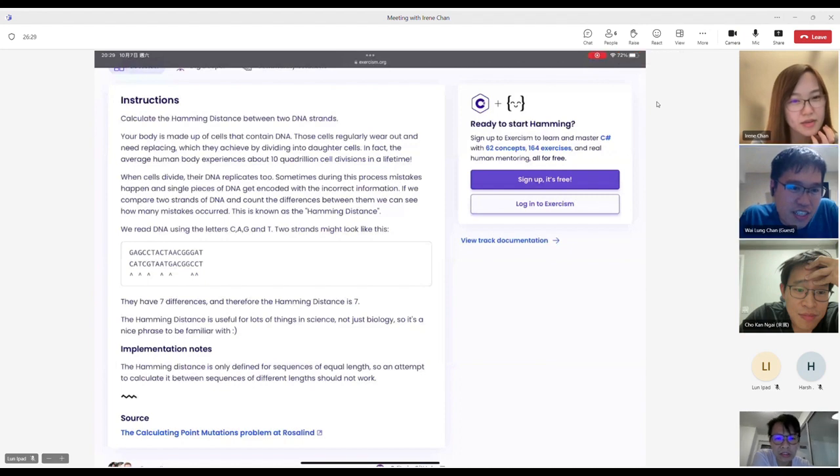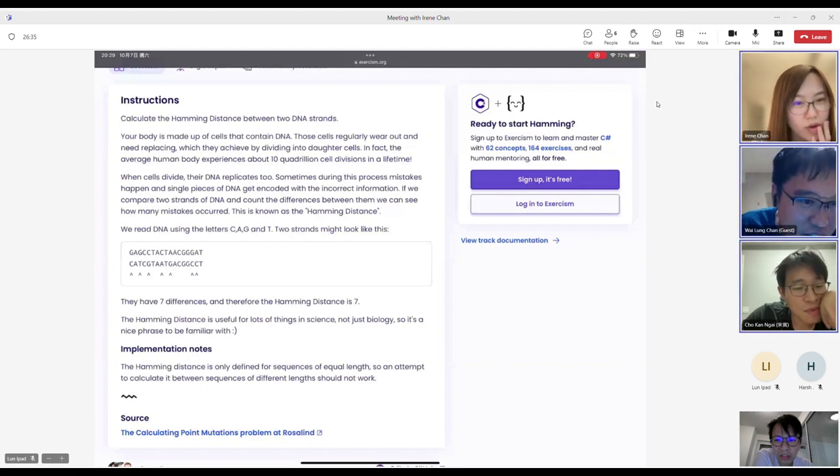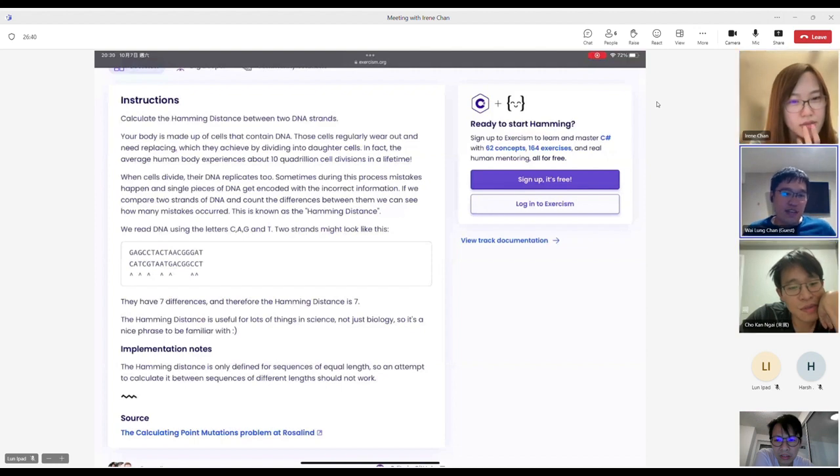Okay. We have 7 differences. Because they are not the same. G is not the same. AA is the same, so there's no difference, right? So the Hamming distance is 7.